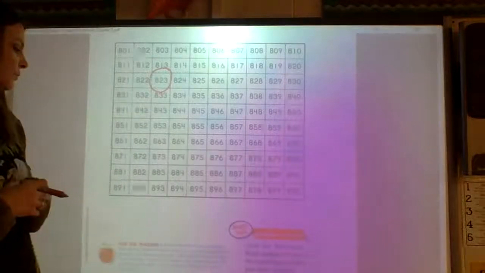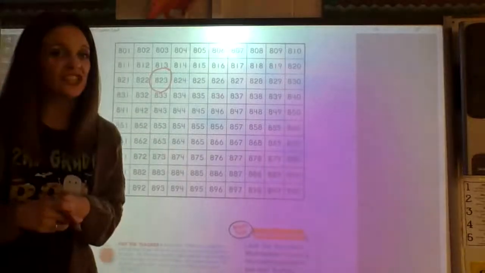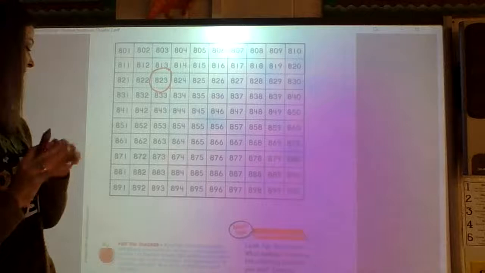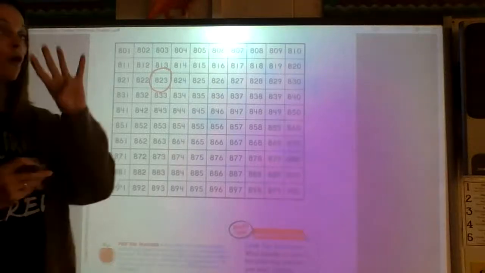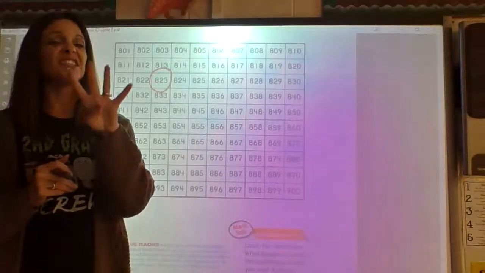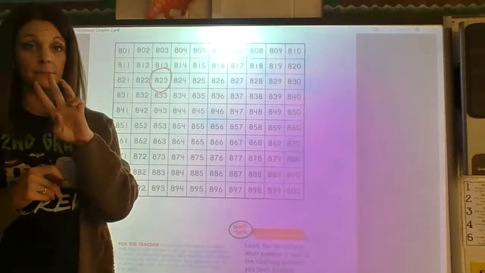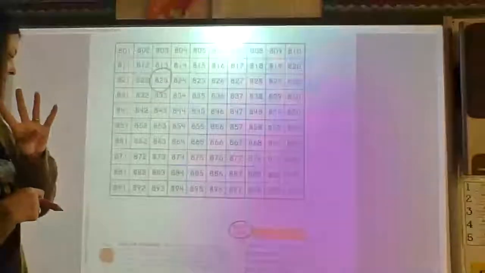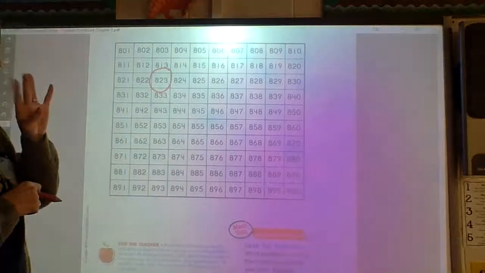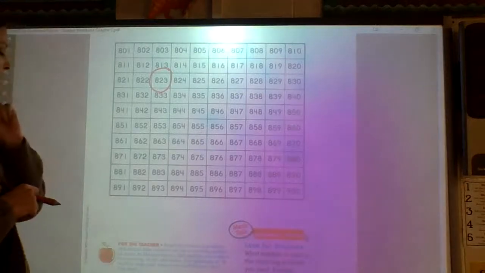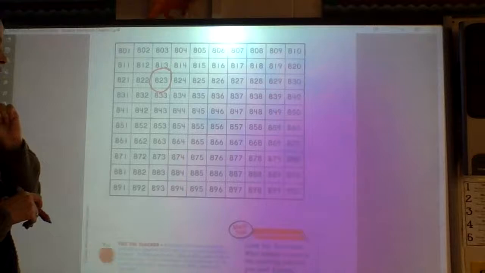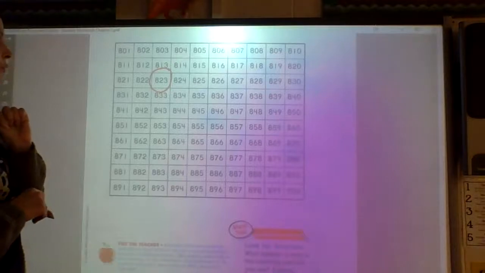In the afternoon, 4 packages of 10 muffins were sold. So there's 4 packages of 10. So that's 10 4 times. Okay. In the afternoon, those 4 packages of 10 were sold. So how many muffins were sold?